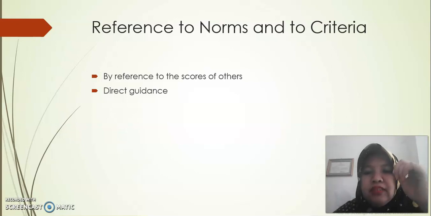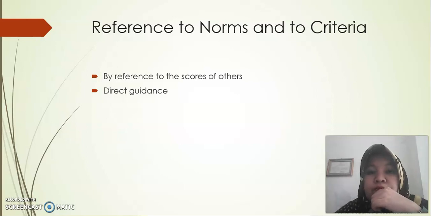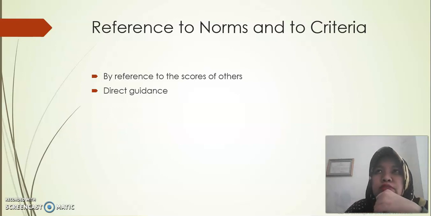For example, a student deserves an A because the score is in the interval between 86 and 100.